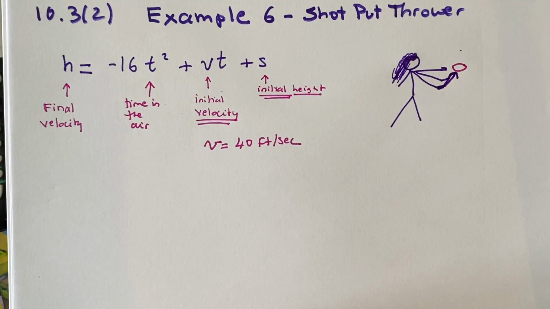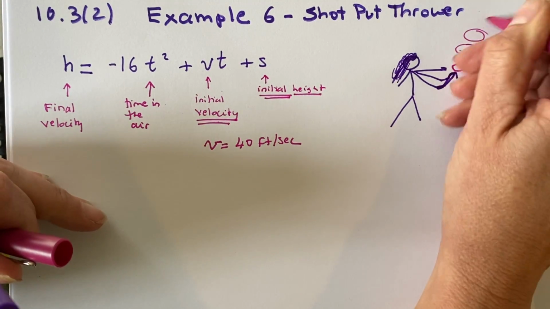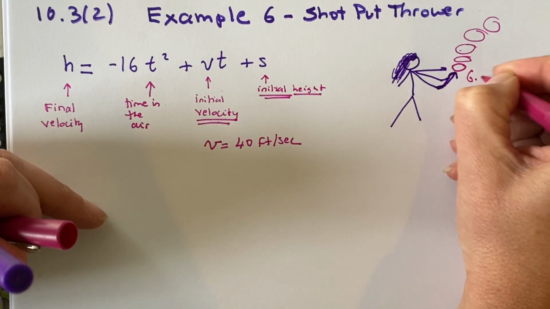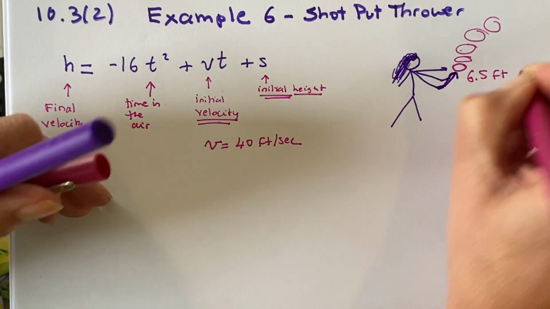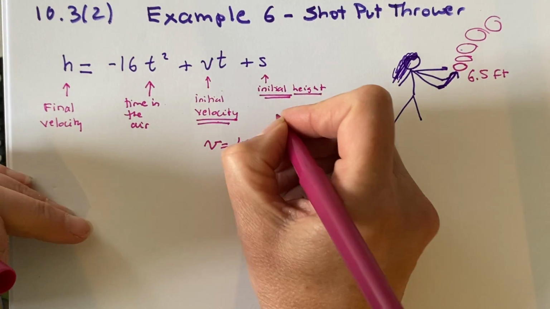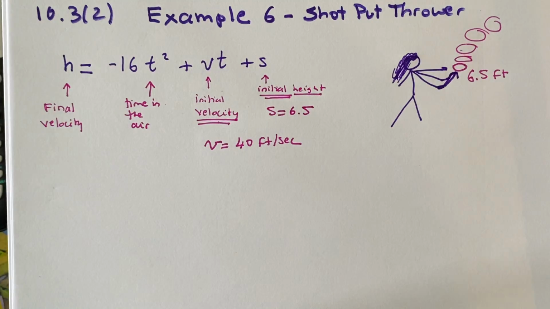But the discus leaves her hand and goes into the air, and the initial height that it leaves is at 6.5 feet. Oh, this drawing is horrendous, but you guys get the picture. So that initial height, s, is 6.5.